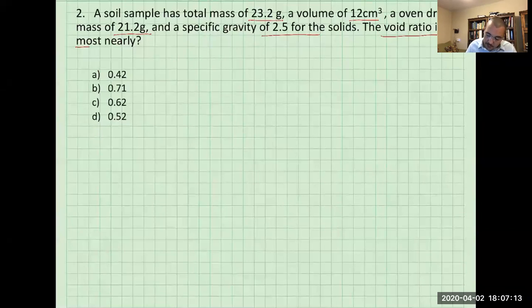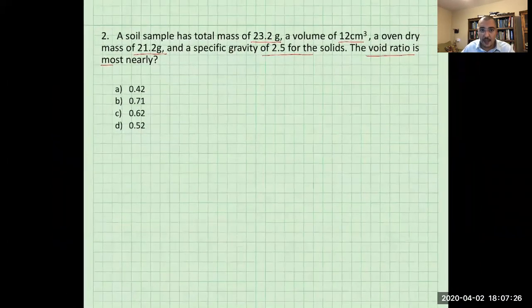Now, I wanted to give this problem so you are very aware that during your exam, because remember from the example we just solved, the void ratio has no units. So as long as I am consistent in the units that I'm using, meaning I'm dividing the volume of voids in centimeters cubed over volume of solids in centimeters cubed, then everything will check out and be correct.